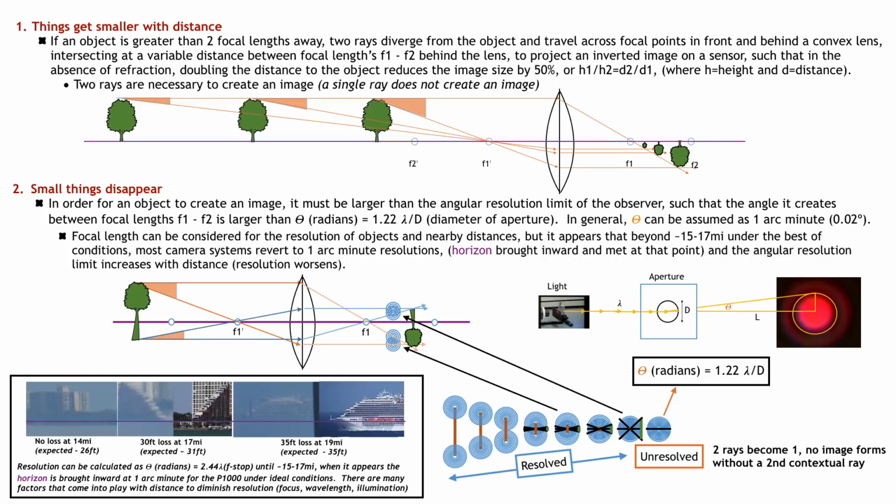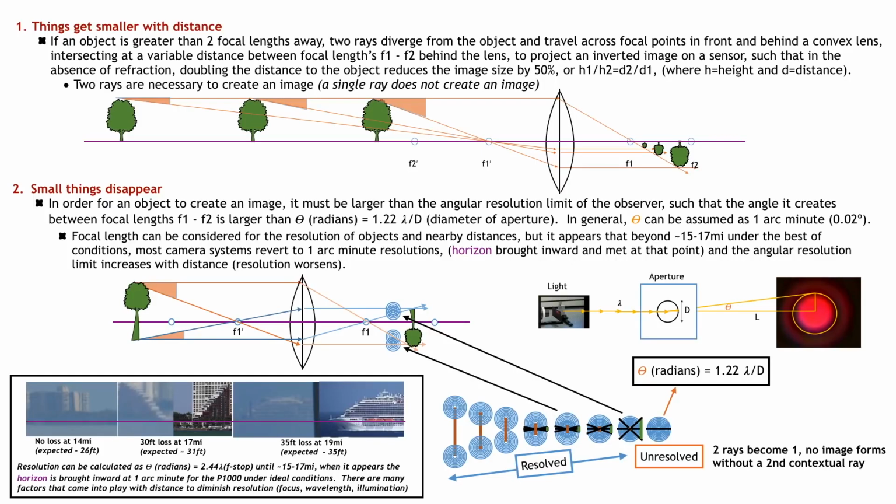They project an inverted image on a sensor such that in the absence of refraction, doubling the distance to the object reduces the image size by 50%, or what we've talked about before, h1 over h2 for 2 differing heights gives us 2 differing distances in the relationship of d2 over d1, where h equals height and d equals distance. So again, if you double the distance to an object, its size reduces by 1/2.